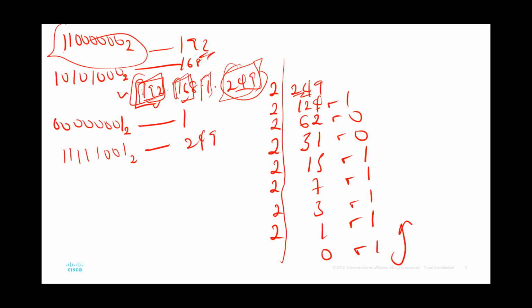So write out what we got for 1 and 2 in binary. 168. 1. Then 249.